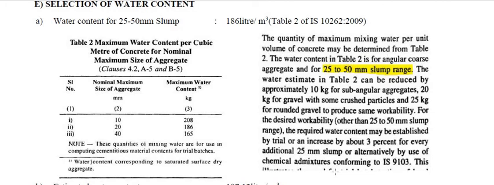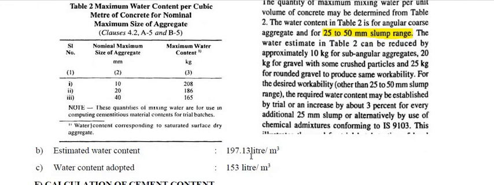So we are increasing the water content by 6%, because for 50 mm it is mentioned as 186 liters. Again, by adding 6%, it is 197.13 liter per meter cube. Again, by adopting the water content, we adopt the water content as 153 liters.